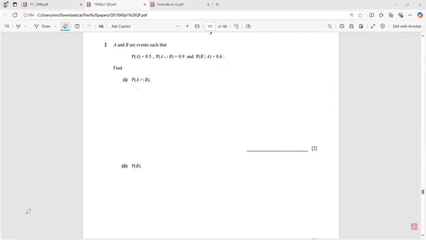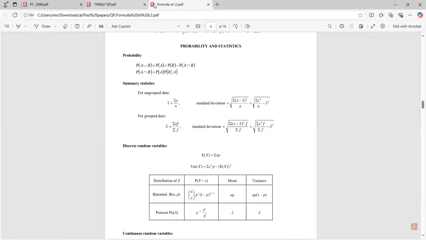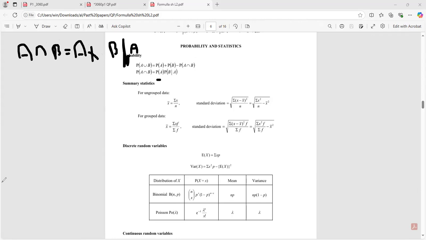Actually, here we have the formula sheet, and you have the rule that if you want the intersection, A intersect B, it will give us the probability of A multiplied by the probability of B given A. Let's see how we can solve it.